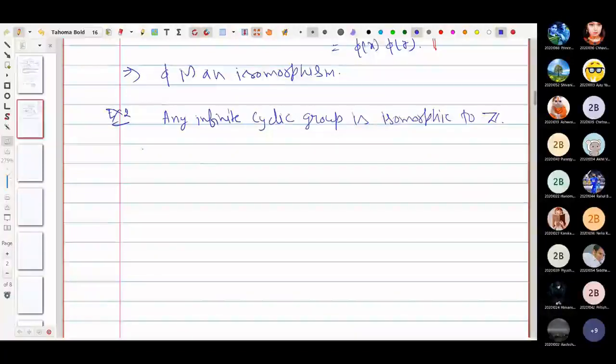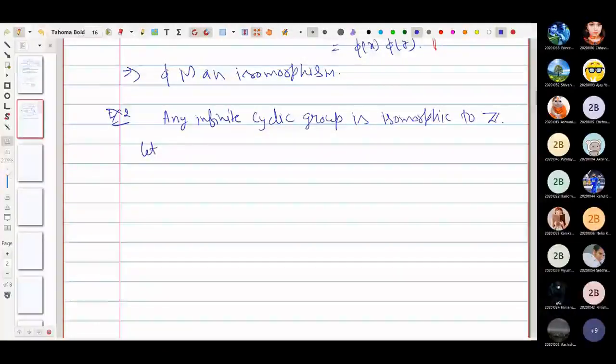How interesting this example is: any infinite cyclic group you take, you have a list of infinite cyclic groups, then you can say that they are isomorphic to Z. It means they have similar properties as Z, the set of integers, has.